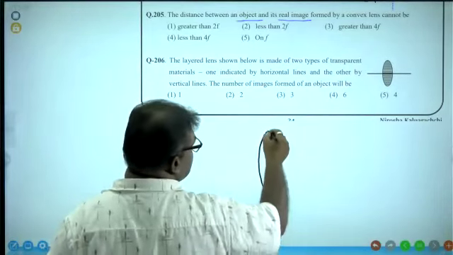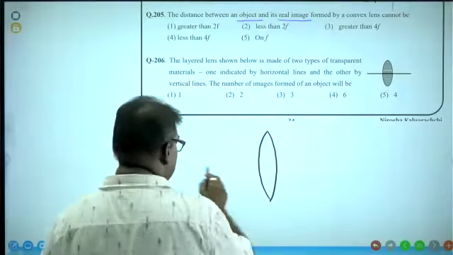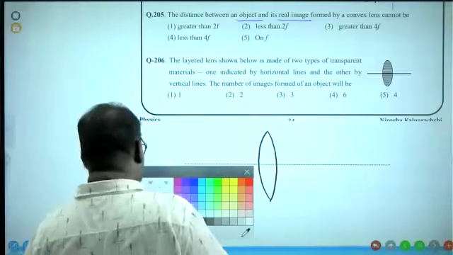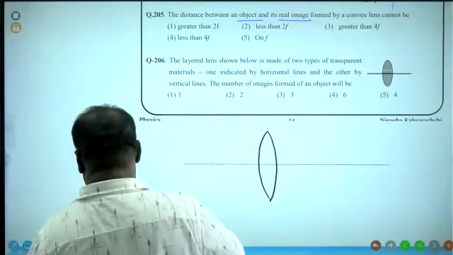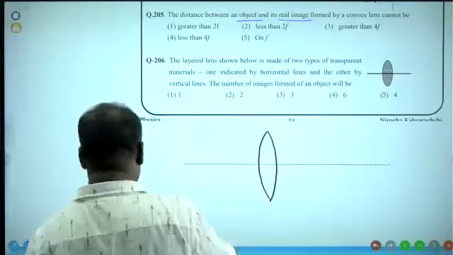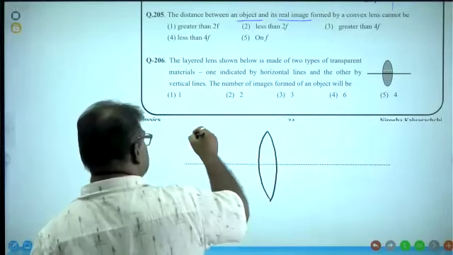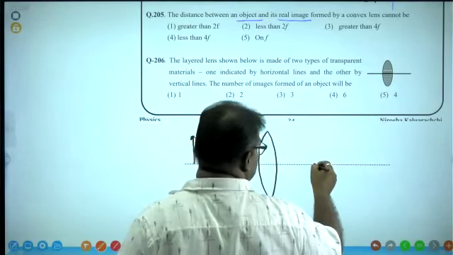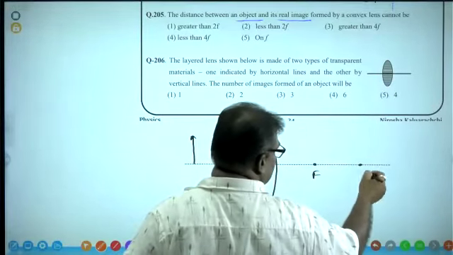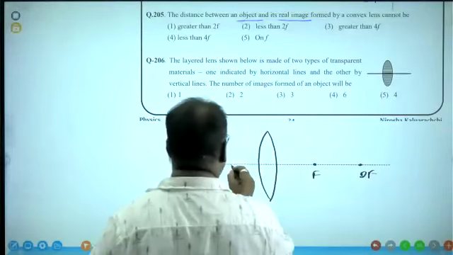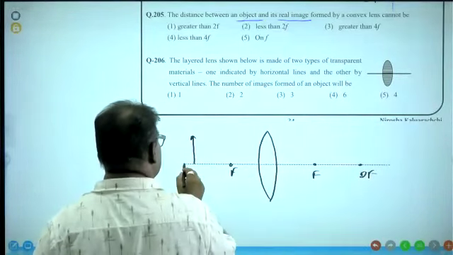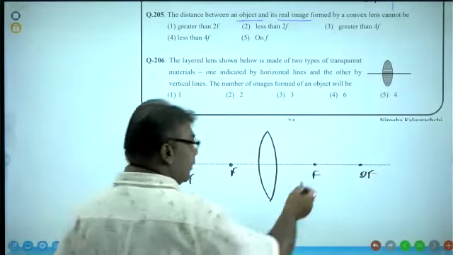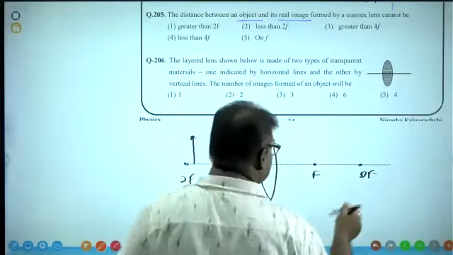Here we have a convex lens, principal axis, keeping an object in front of the lens to form a real image. So the real image can be formed here, 2f, f, 2f like this. Real image can be formed from focus to infinity.